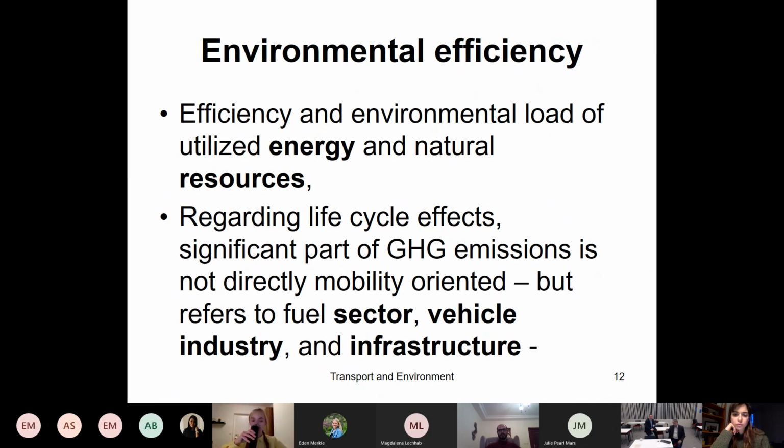And in this respect, the life cycle effects of transport are really important, including background emissions and background processes, like the fuel sector, the production of fuel, the character of fuel. The vehicle industry itself has a strong impact on energy use and emissions. That is what you call background: the energy sector, fuel sector, vehicle industry, operation and maintenance of vehicles, and construction and operation of infrastructure.